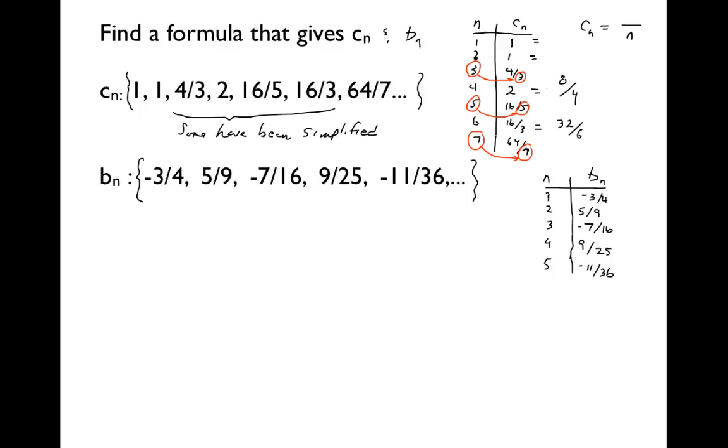How about 1? We want how many halves that is, right? And then 1 over 1. Okay, so 7 gives us 64. 6 gives us 32. 5 gives us 16. 3 gives us 8, right? 4 gives us 8.